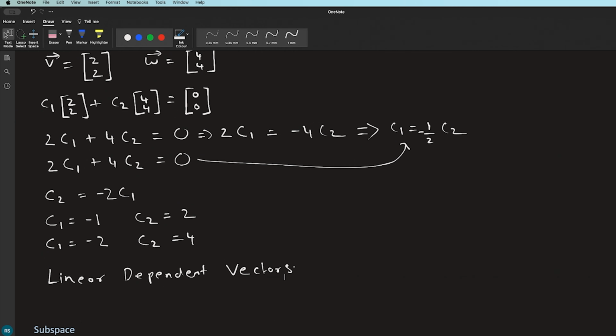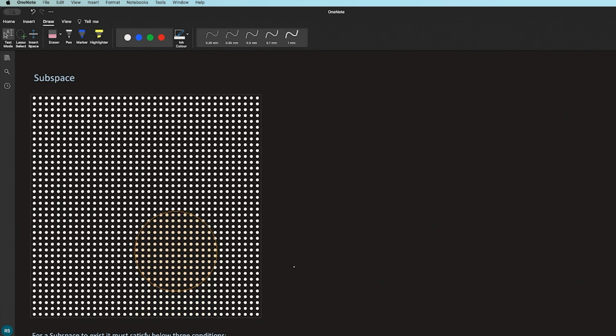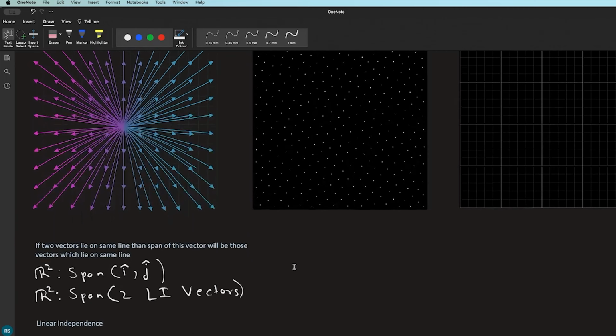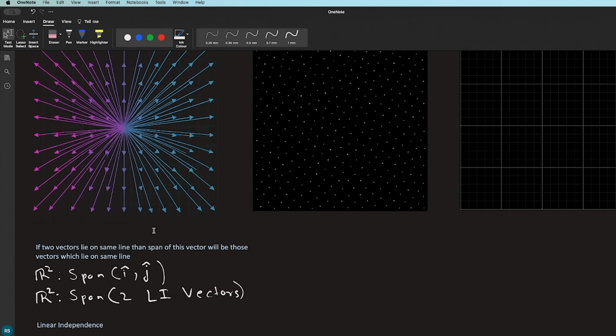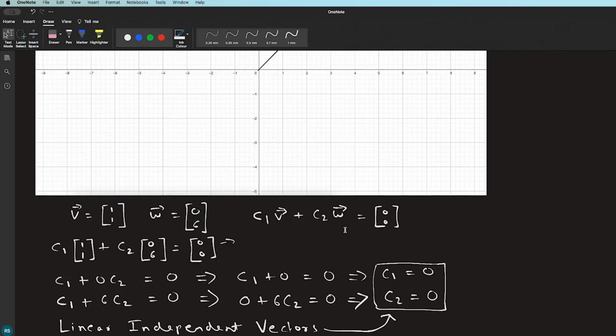Now coming to the last topic, which is called a subspace. In the previous image we have seen a collection of vectors in 2D coordinate space, and instead of considering these as vectors, we are considering them as points.